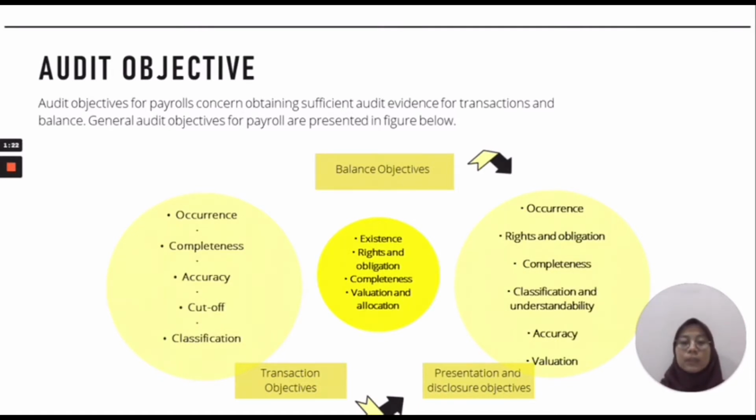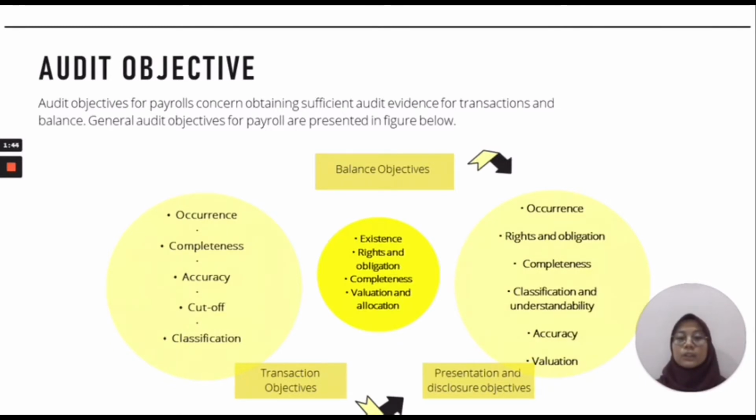And the last one is presentation and disclosure objective. There are 3 objectives for presentation and disclosure. First is occurrence and rights and obligations. Occurrence and rights and obligations is disclosed events and transactions have occurred and pertain to the entity. Second is completeness.